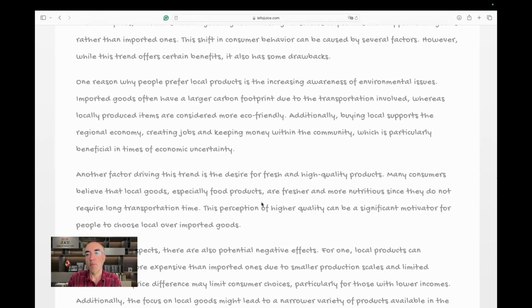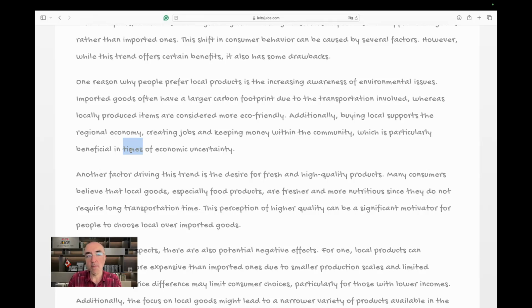Additionally, buying local supports the regional economy, creating jobs and keeping money within the community, which is particularly beneficial in times of economic uncertainty. When you pluralize time, the meaning changes. Here it is used accurately.